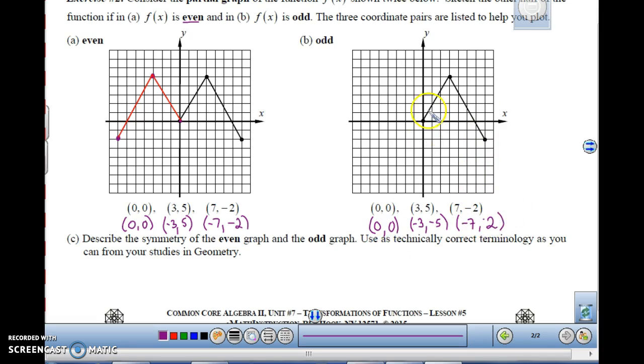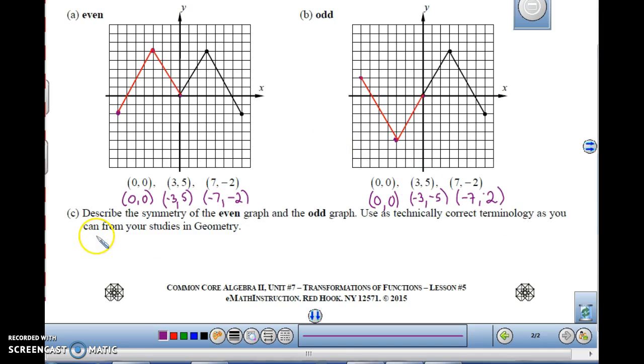So if I plot these 3 points, 0, 0, negative 3, negative 5, and negative 7, 2, which is going to be up here, and then when I draw my line, connect my points. Here we go. Okay, now notice the symmetry of each of the graphs.